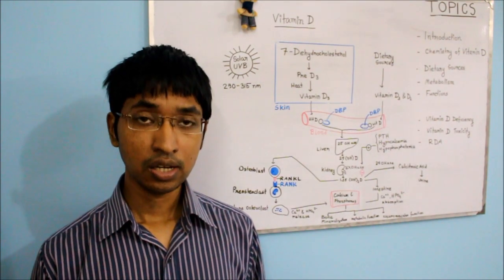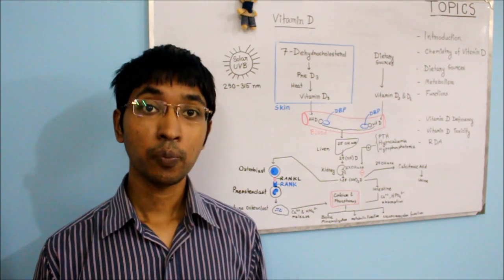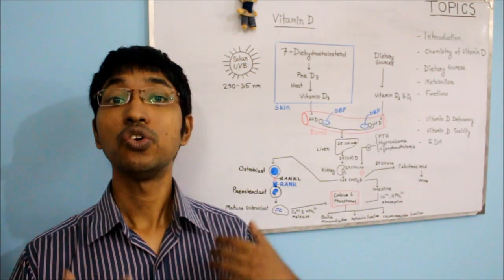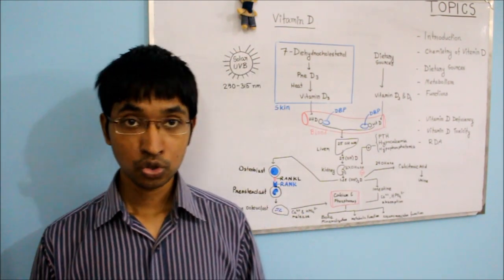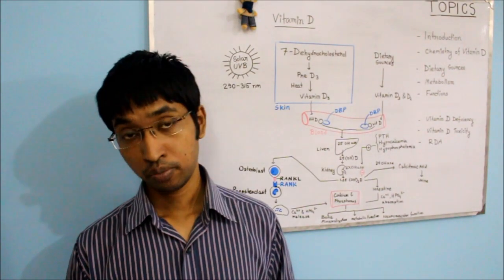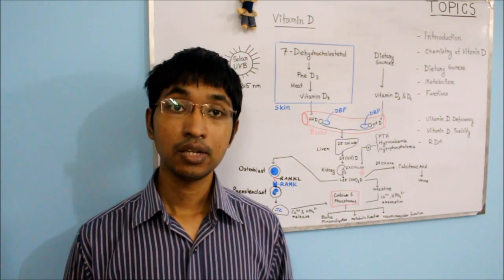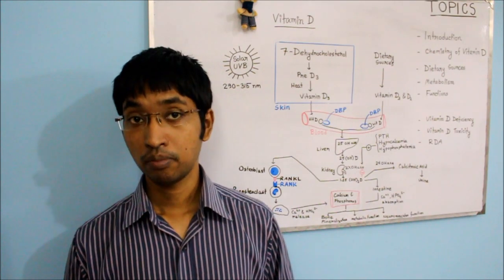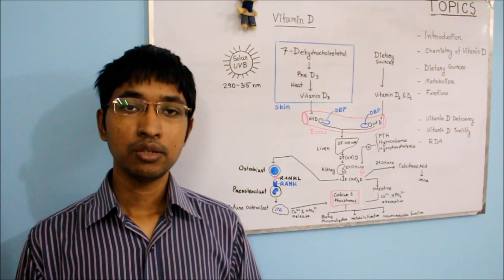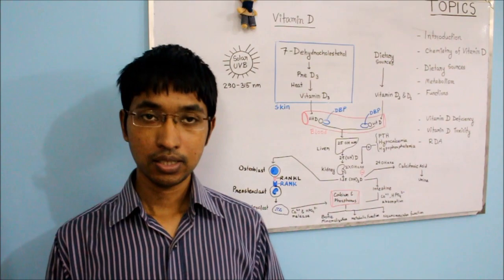However, since in this condition the bones are not properly mineralized, and since there is derangement of bone remodeling, the bones of a patient of osteomalacia are prone to fracture. Both gross fracture and also microfracture can happen in a patient of osteomalacia. And also remember, in osteomalacia the femoral necks and also vertebral bodies are most commonly affected.